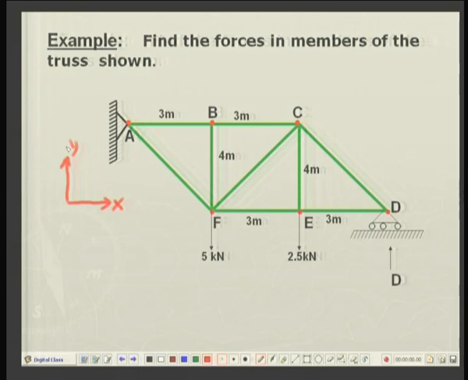So, at A there will be two reactions, Ax in this direction and Ay in the vertical direction, and at D there will be a reaction Dy. So, these are the three reactions.